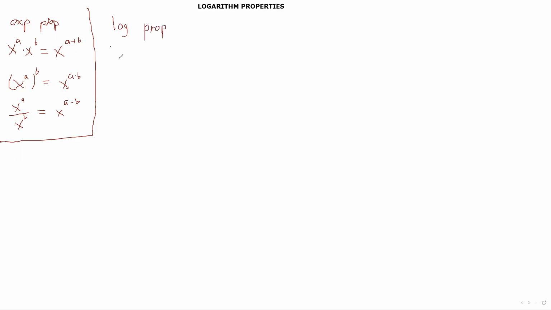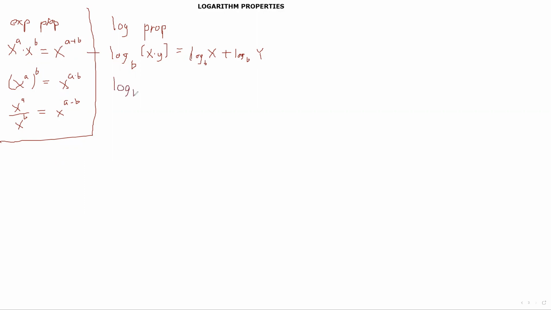The first thing is, if you have some particular base with two numbers that are multiplied on the inside, oh, I shouldn't use a and b because I have log base b, so x times y. What you can do is write it as two different logarithms that are added together. And this is vaguely similar to this first one here.